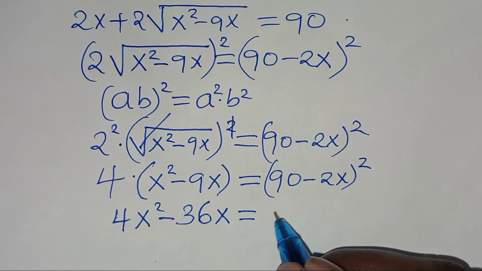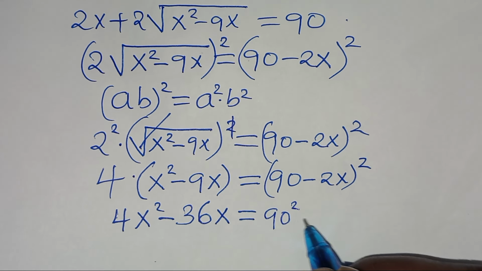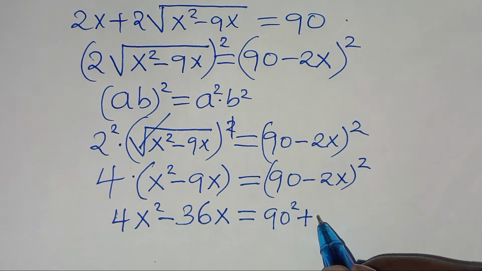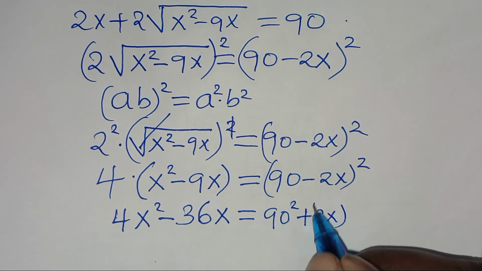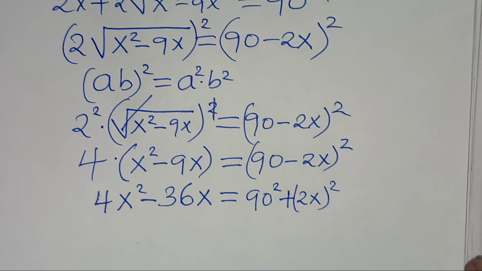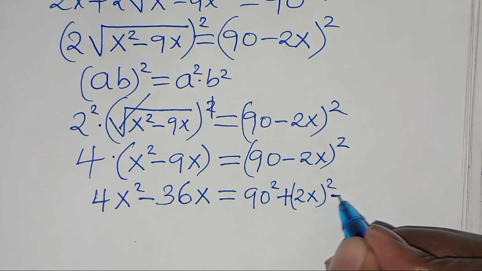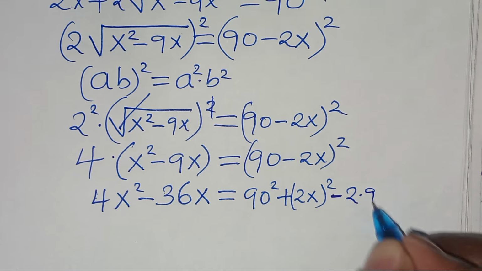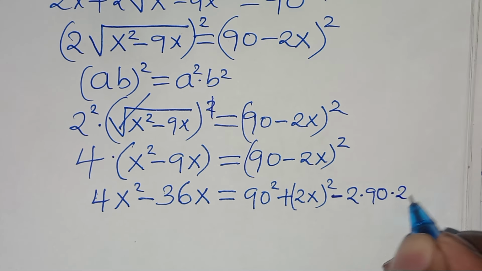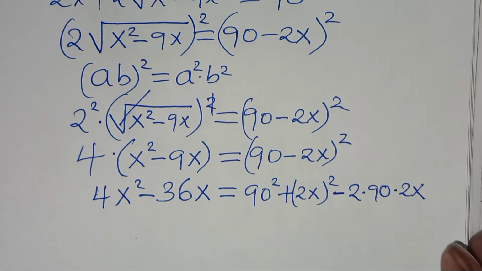This is equal to 90 squared, plus (2x) squared, then subtract 2 times 90 times 2x.